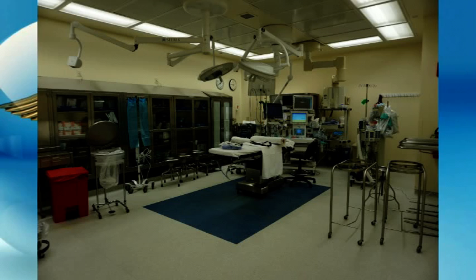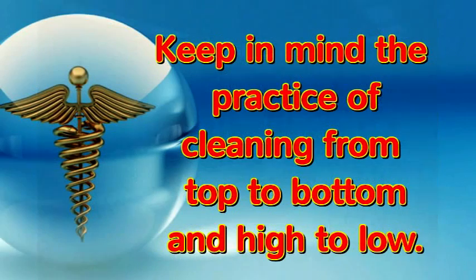Upon completion of cleaning the high-reach areas, it is time to clean the mid-level and low-level surfaces with an emphasis on cleaning high hand touch areas. As you perform this work, you must continue to keep in mind the practice of cleaning top to bottom and high to low.